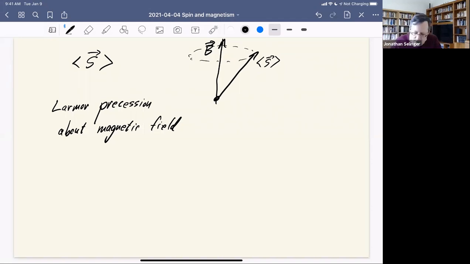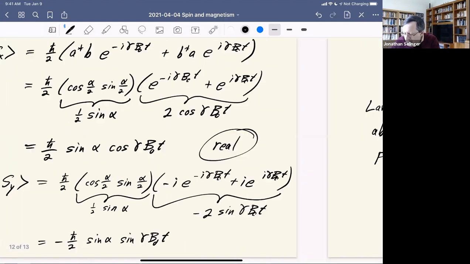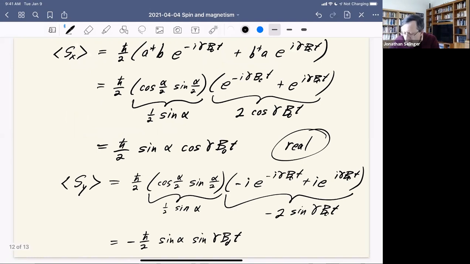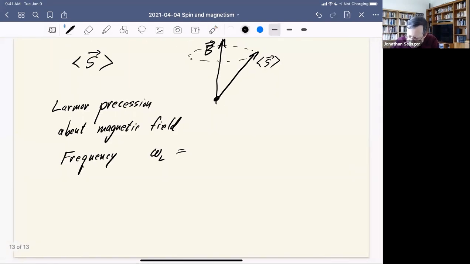And here we are calculating the frequency of the Larmor precession. So it's this omega Larmor that is the thing that multiplies time inside these sine and cosine. And so it's gamma B naught. Like that. Right?